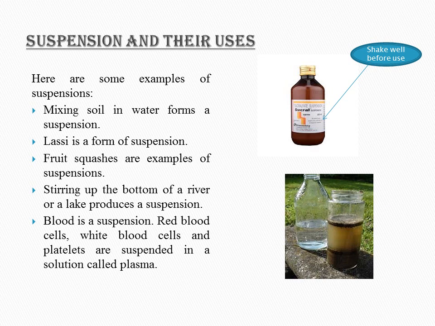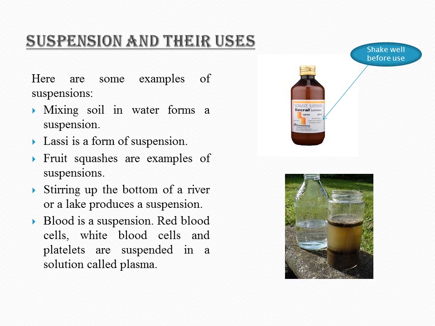There are some examples from our routine life, such as lassi, which is a form of suspension. Fruit squashes are examples of suspension. Stirring up the bottom of a river or a lake produces a suspension.